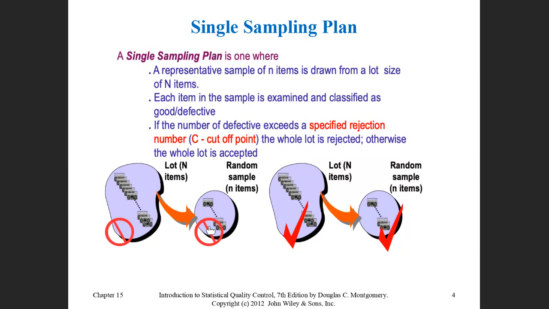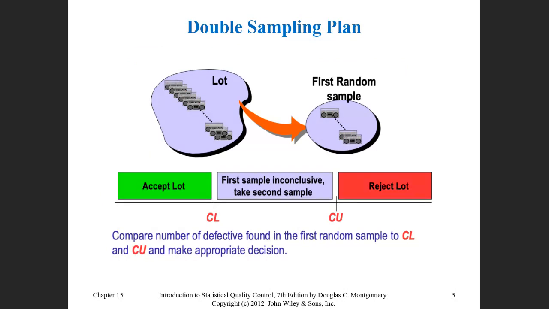If we have 4 rejected, I'm still going to accept the lot and the sample. If I have 5 or more, that means I will reject the sample and the lot. They call this the single sampling plan. The cutoff and the sample size are designed based on the consumer who is going to consume the material, or use the material to produce products.